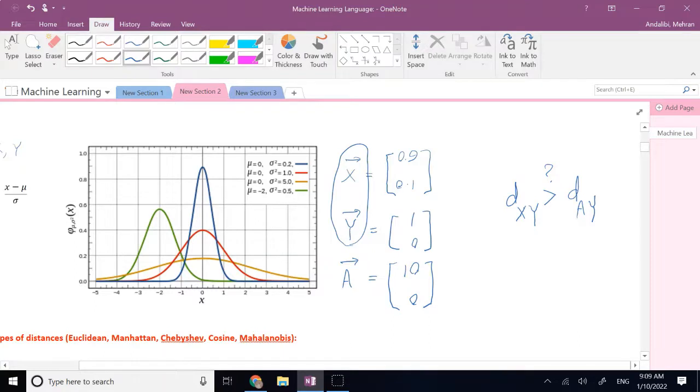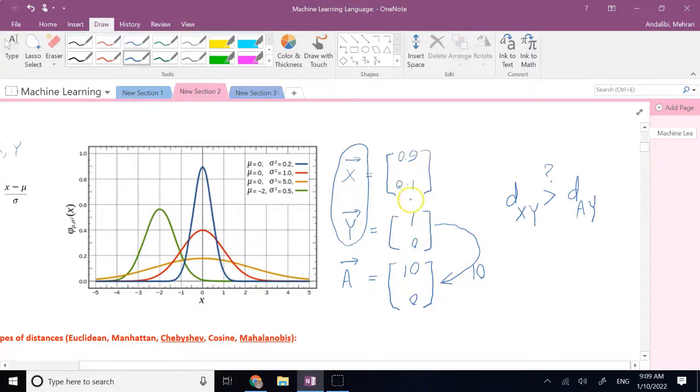But if you scale y by a factor of 10, you see that's exactly a. So maybe a is the same class as y, or it's closer to y compared to x, but for some reason it was magnified during the process. So a might be way closer to y compared to x, because the entries are replicates of the other one except for a scaling factor.